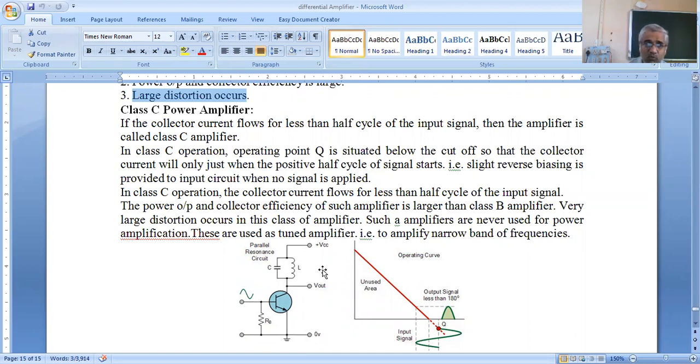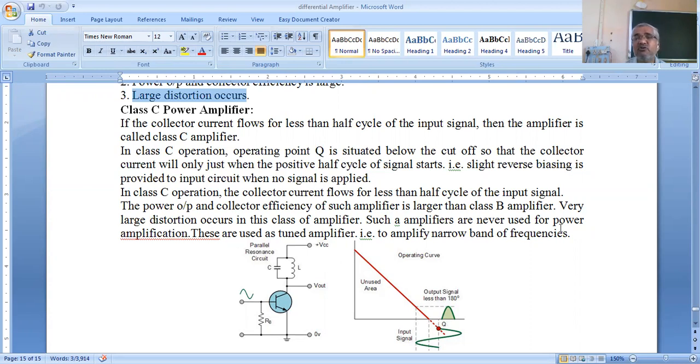म्हणजे the output of this class C amplifier is very very distorted, but the power efficiency, the power output or the collector efficiency of the class C amplifier is very large. Very large distortion occurs in this class.